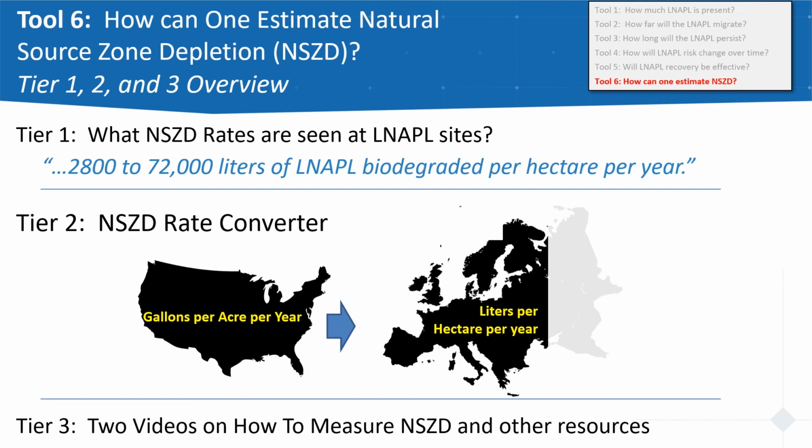Some researchers report the carbon dioxide flux leaving the soil, and they say it's this many micromoles per meter squared per second. We can also convert that to liters per hectare per year, and this can give you context for yes, this LNAPL is going away, and then you can also get these numbers that you can put in some of the tools I talked about before. But we also say in Tier 3, you can go out to your site and get site-specific values with various different methods, and that's in Tier 3.